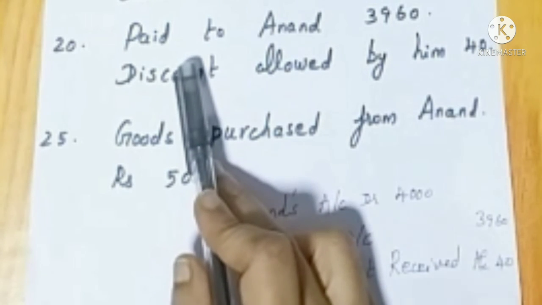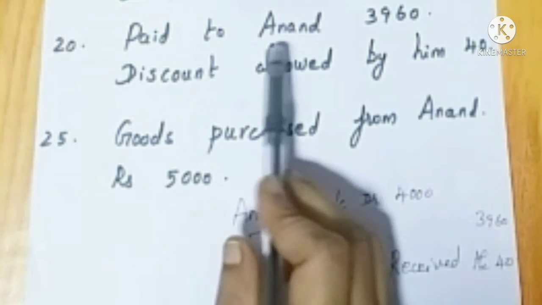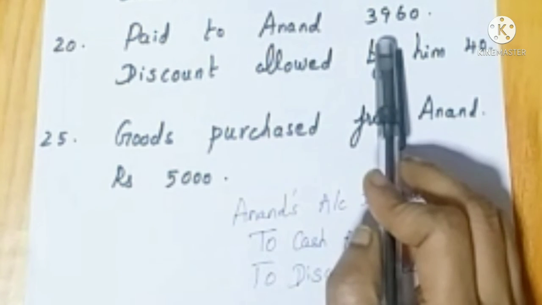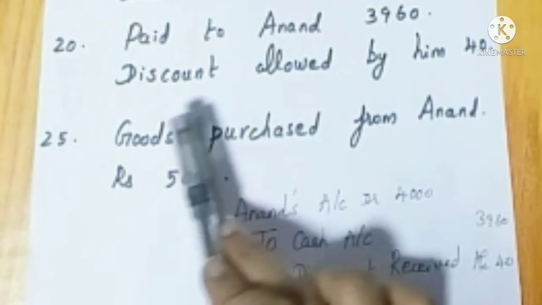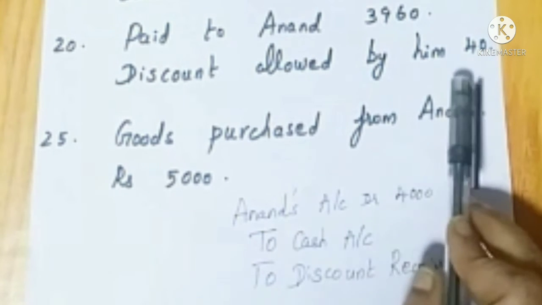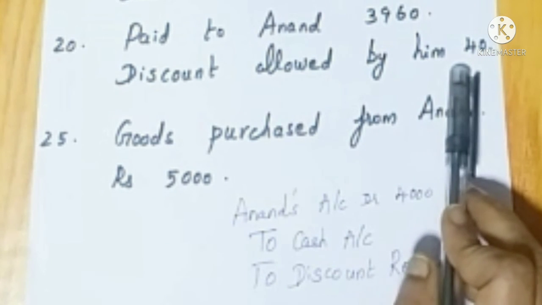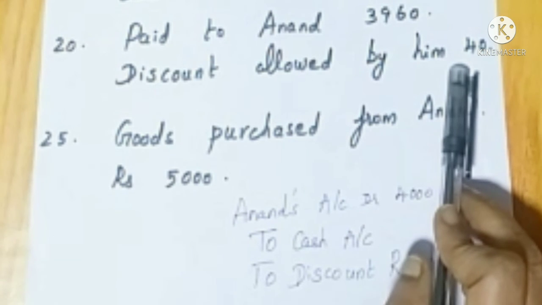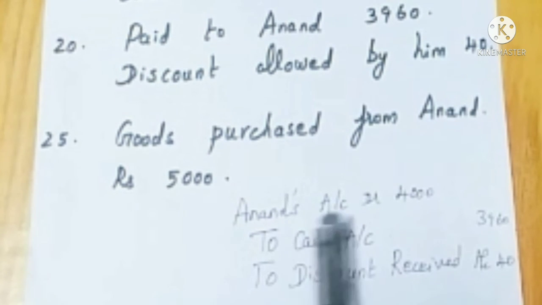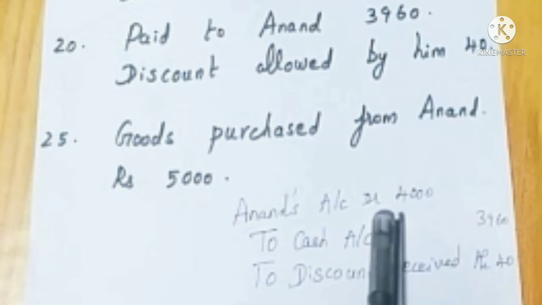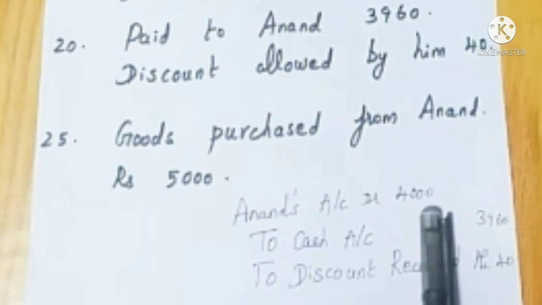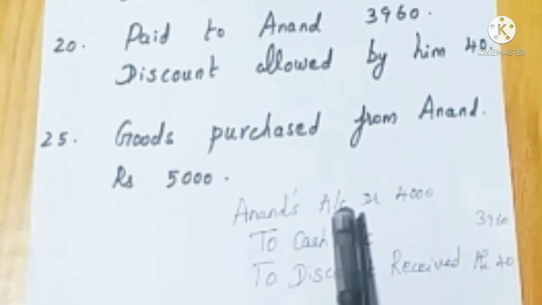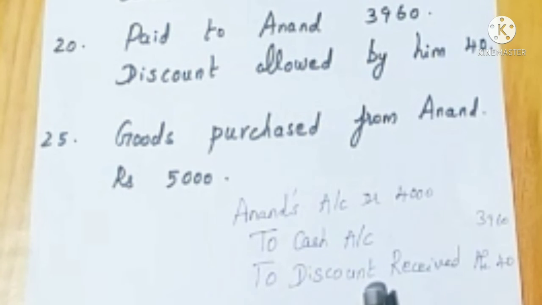The next transaction is paid to Anand rupees 3,960, discount allowed rupees 40. We have already discussed what is the entry for this. Anand's account is debited because he is receiving cash. Discount is allowed by Mr. Anand. It is an income for us. So it is credited.